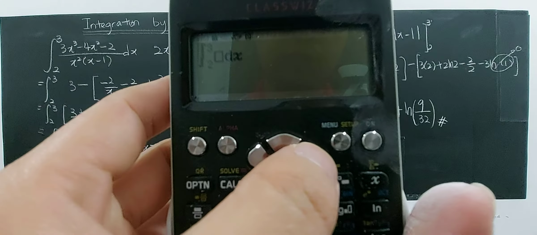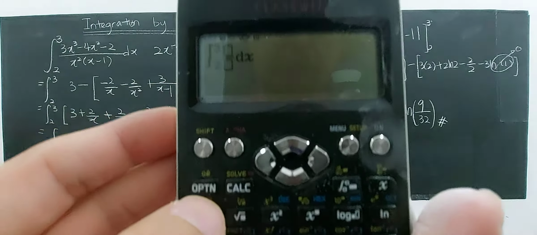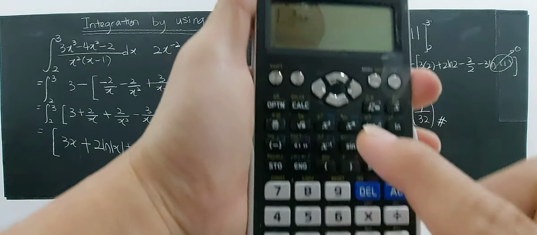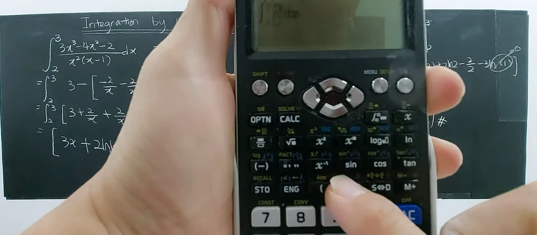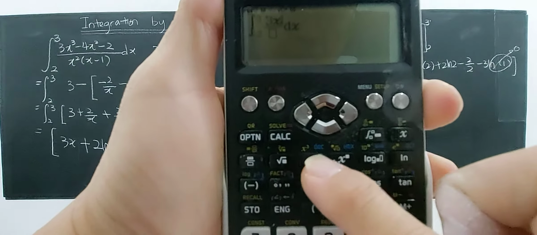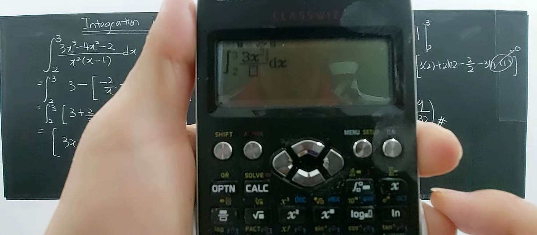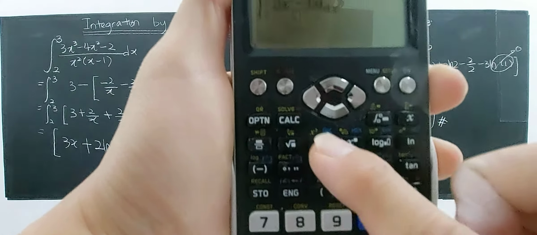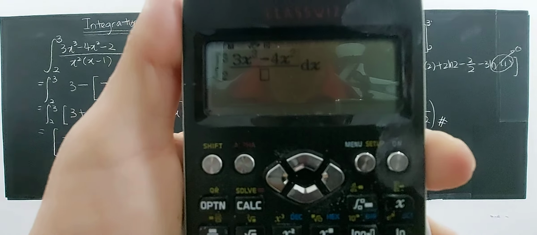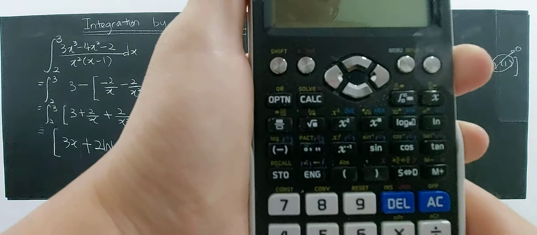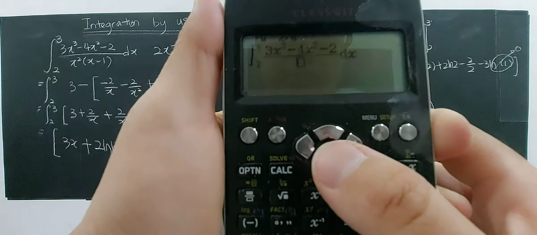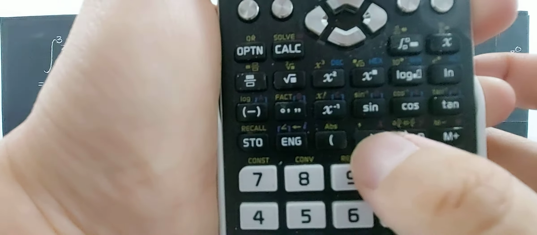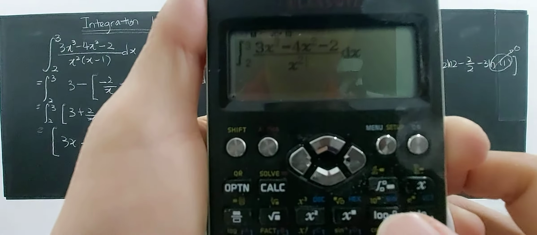Then you key in the function exactly as this. So you have 3x cubed, right? So you have 3 alpha x, shift cube, then minus 4 alpha x squared, 3x cubed minus 4x squared, negative 2, alright, divide by alpha x squared, right?